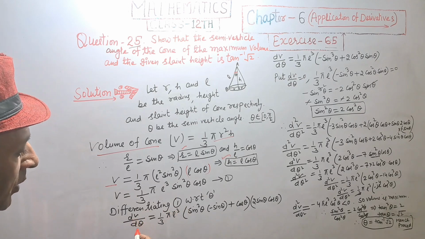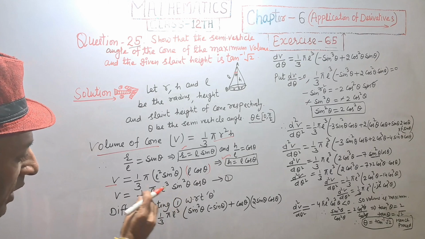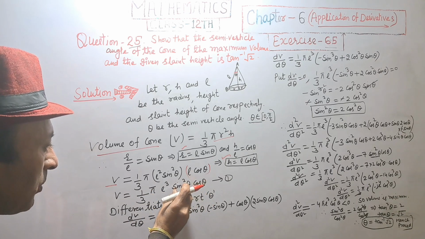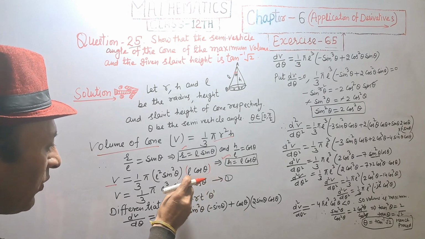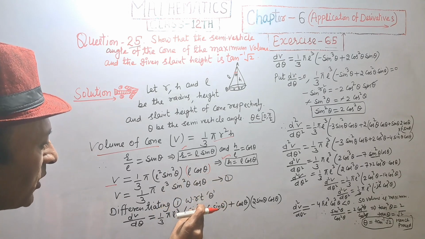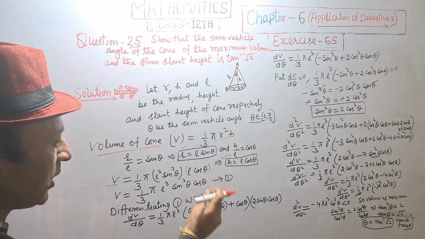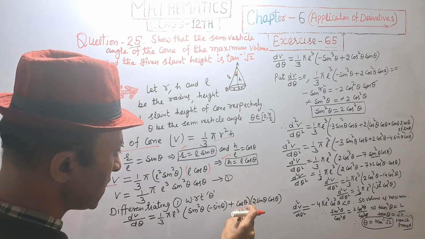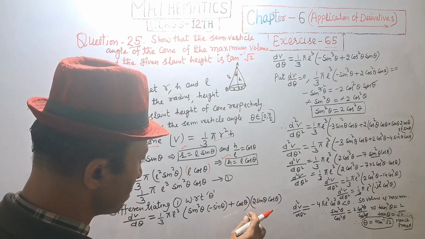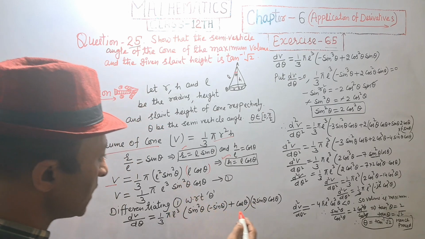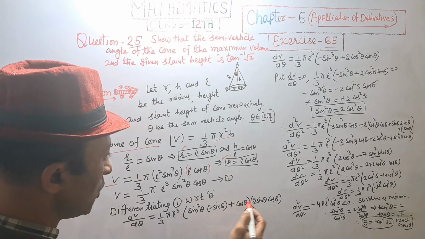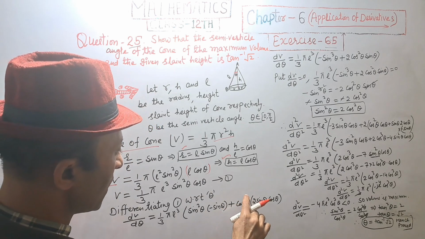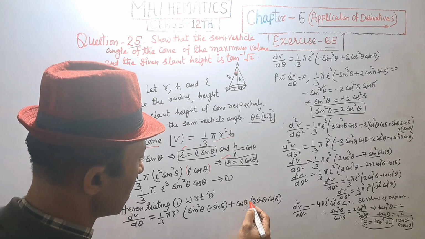Angle theta, dV upon d theta, the constant number is common, and we are differentiating sin square theta and cos theta. First function, second function. First function as it is sin square theta, derivative of cos theta is minus sin theta, plus cos theta as it is, differentiation of sin square theta, that is equal to 2 sin theta into cos theta.